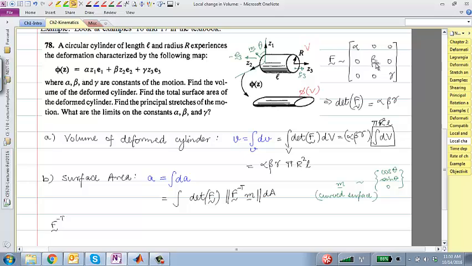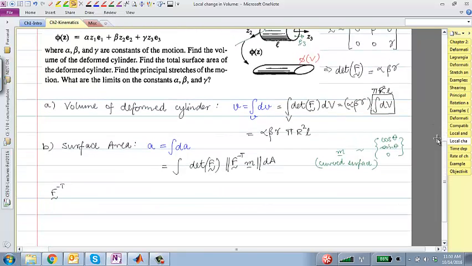If there are any off-diagonal entries, then you have to go through the process of inverting a matrix, right? But in this case, F inverse is just the inverse of the diagonal entries, and transpose doesn't change anything because the off-diagonals are zeros. So F inverse transpose is just given by 1 over alpha, 1 over beta, 1 over gamma. I won't write the off-diagonal zeros. If I apply this to, let's say, the end faces first, so let's do end faces.